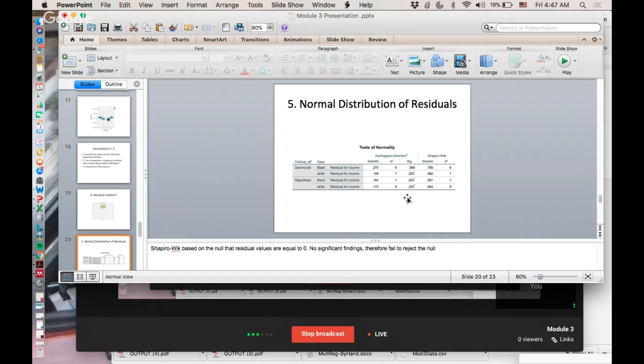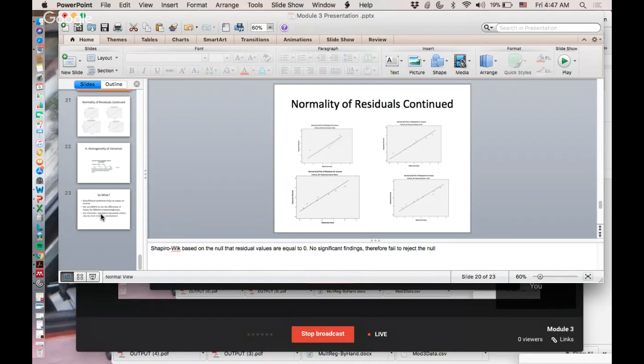There's no reason to reject the null, so there is normal distribution of residuals. And here's just a plot. I wish I knew how to use R because they would have been together, but you can see the lines and the values, nothing really jumps out at me. That one's a little problematic, but once again, there were no significant findings, so I don't have a reason to assume that I violated the assumption.